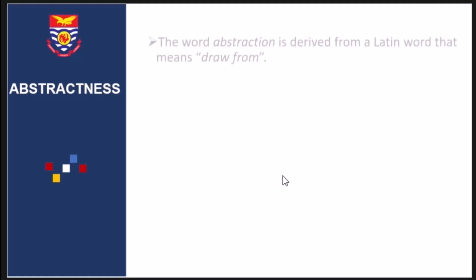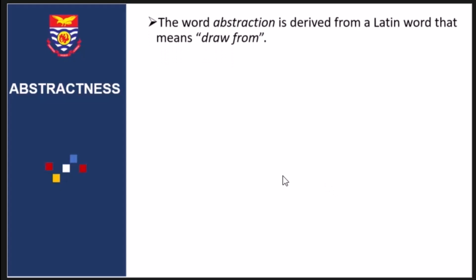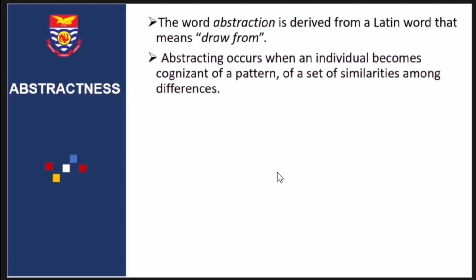The next factor that influences sequencing of subject matter is abstractness. And when we say abstractness, this word comes from the Latin word that means draw something from. What we mean by this is that abstracting occurs when an individual becomes cognizant of pattern or a set of familiarities among differences.